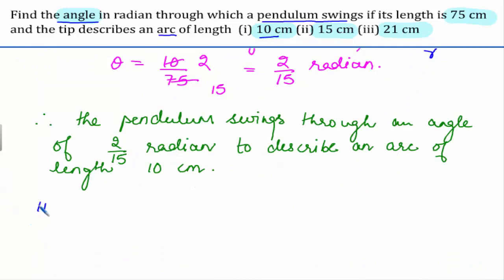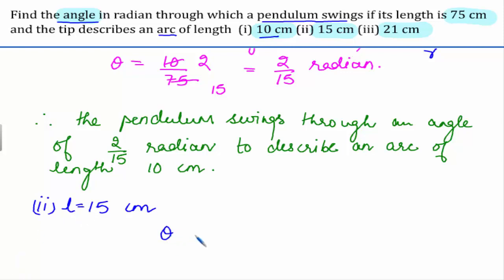Now let's proceed on to the second part. In this part again we have to find the angle in radian through which the pendulum swings if it describes an arc of 15 centimeters. Let us suppose that here L is equal to 15 centimeters.